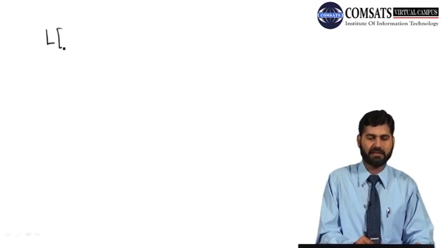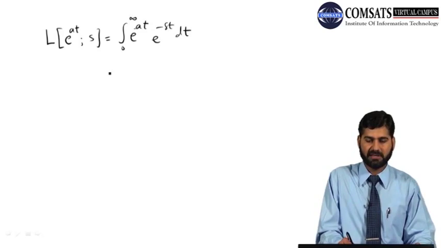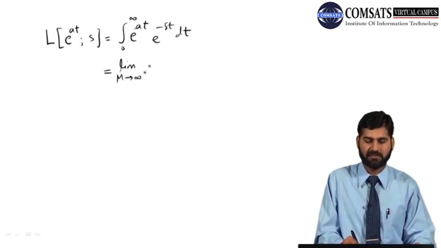Let's say what is the Laplace transform of e to the at, let's say exponentials. So that is the integral of e to the at times e to the minus st dt, again replacing infinity by m and letting m go to infinity. This is e to the (a minus s)t dt.